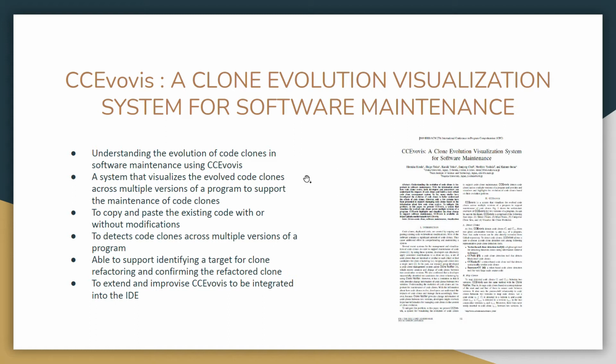It will visualize, highlight, and provide the evolution of code clones based on their evolution patterns with three main features. CCEvolvist also supports identifying a target for clone refactoring and confirming the refactored clone. For future work, they plan to extend and improve CCEvolvist to be integrated into the IDE, helping developers maintain code clones in time and allowing developers to hide or filter out certain clone categories of clone set.